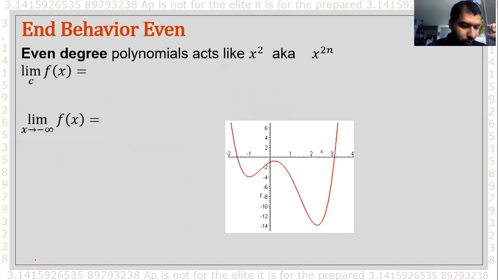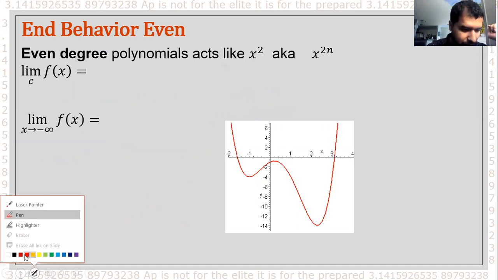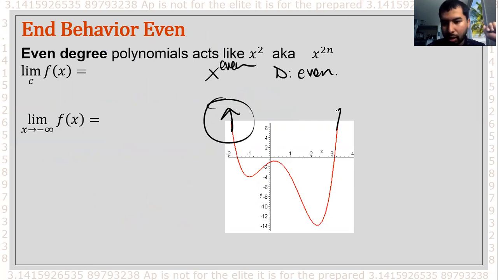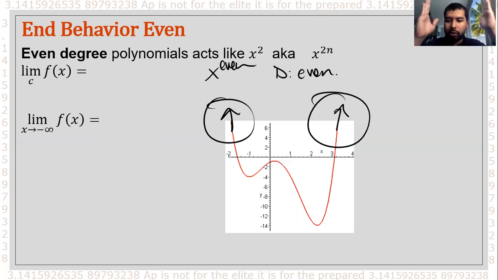Okay, so if you have an x and the degree is even, that means that the end behaviors are both going to point the same direction. Assuming it is a positive quadratic, they'll both point up.